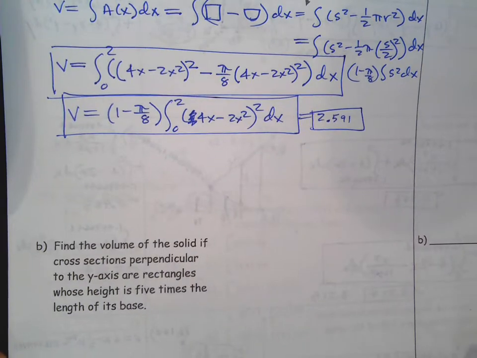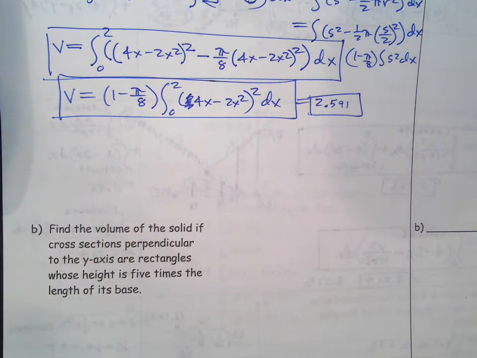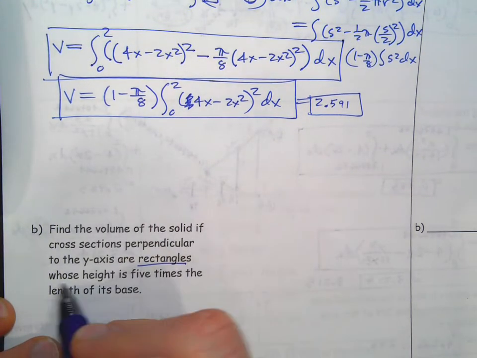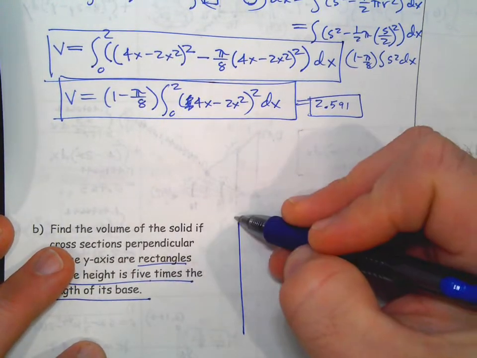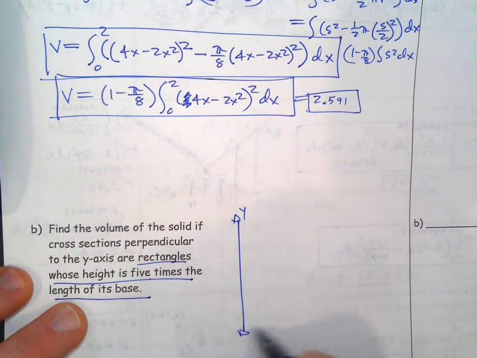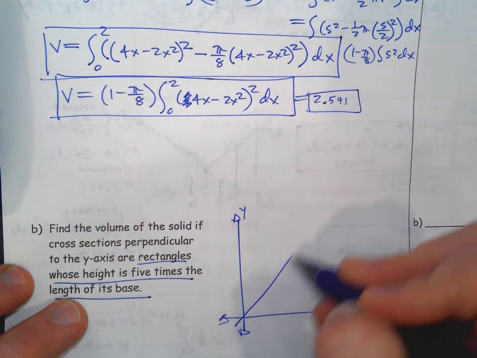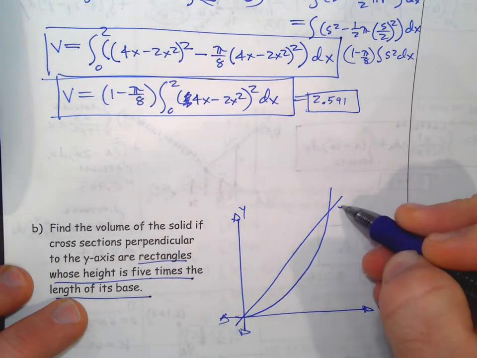Okay, next one says find the volume of the solid if cross sections are perpendicular to the y-axis and whose are rectangles whose height is 5 times the length of the base. So I'm going to redraw this picture real quick. It's the same base region. I feel like pictures are very valuable here, but if they're super messy, then that's not going to help.